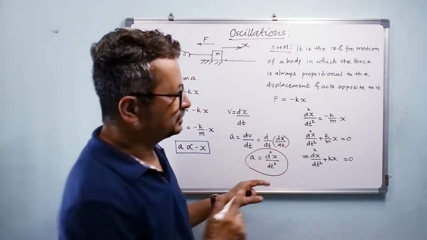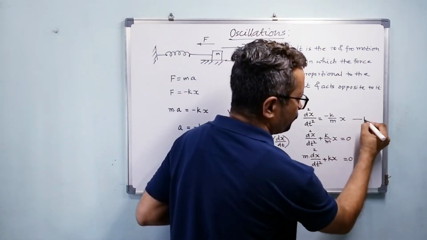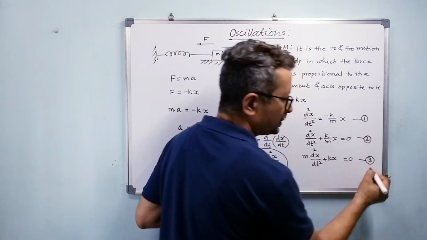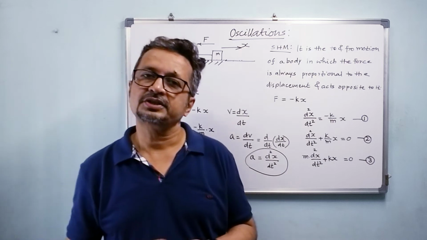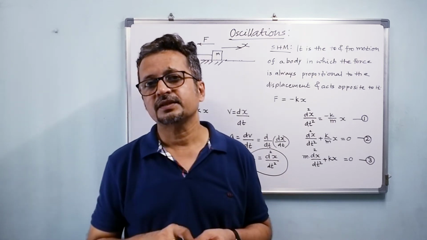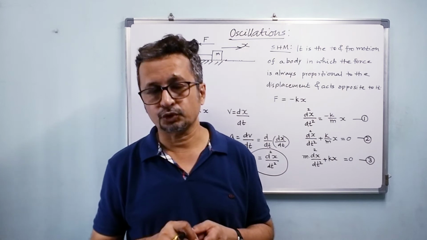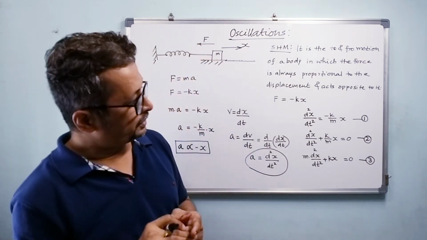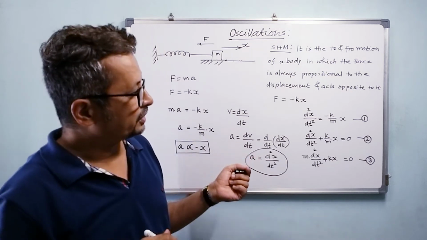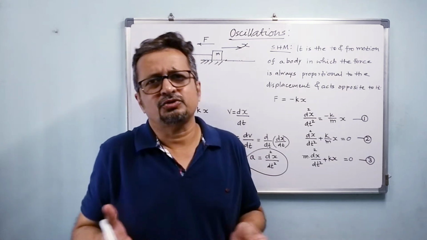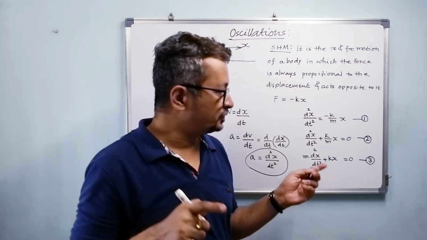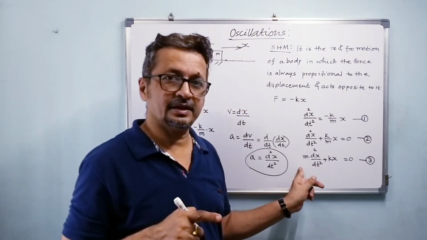That is the reason why these equations 1, 2 and 3 are called differential equations of SHM, or differential equations of simple harmonic motion. Now you would say, why these three forms? There is no specific reason for that.